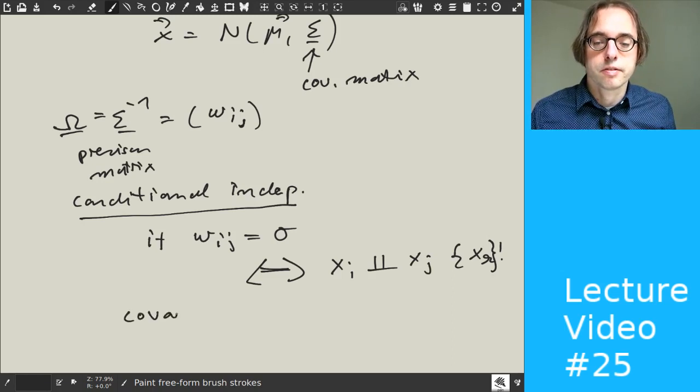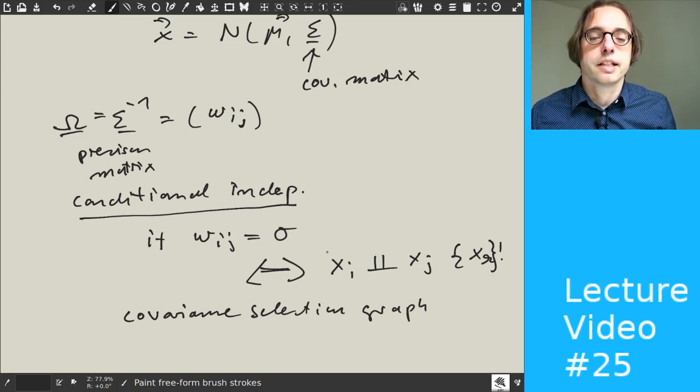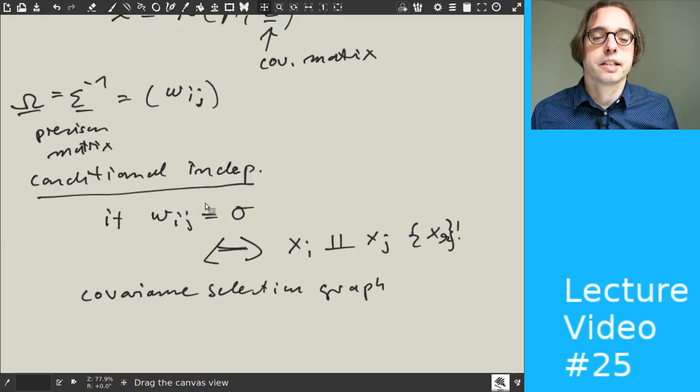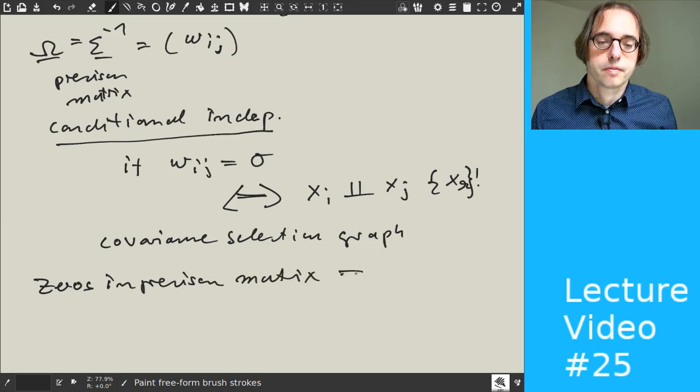There are many names, but that's basically the key feature of the multivariate normal. When there are zeros in the precision matrix, that corresponds to conditional independence.